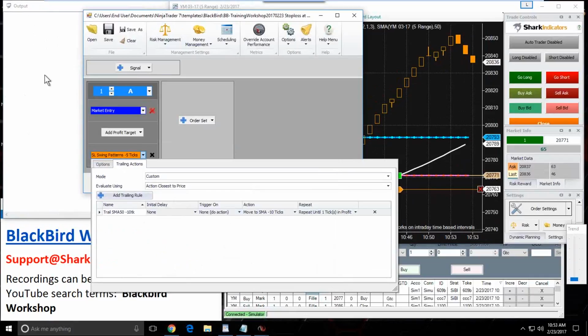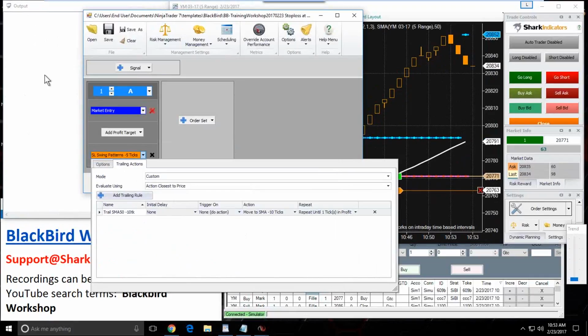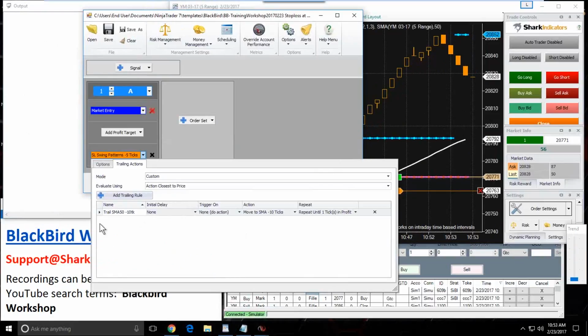Opening up the output window is a way for you to not necessarily debug your system, but understand the decisions that BlackBird is making on your trailing rules.